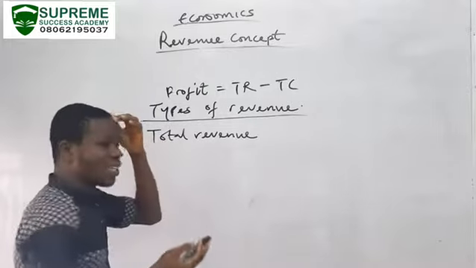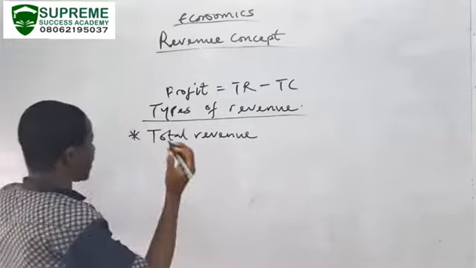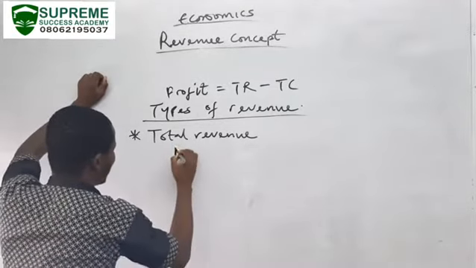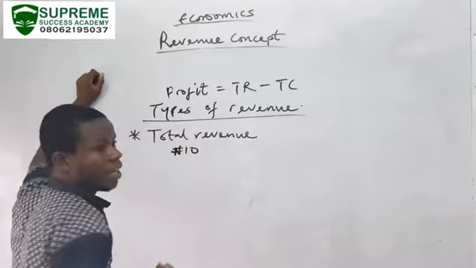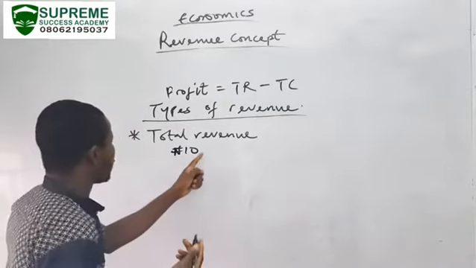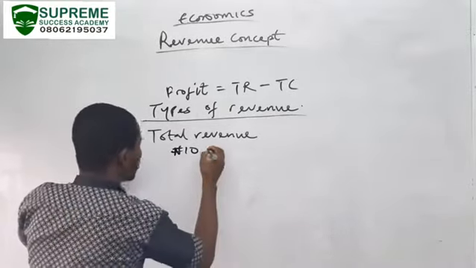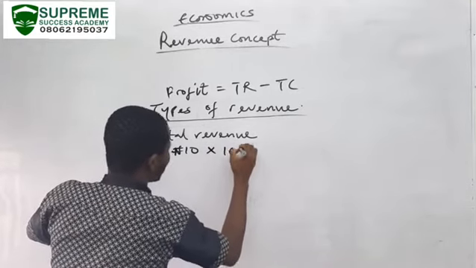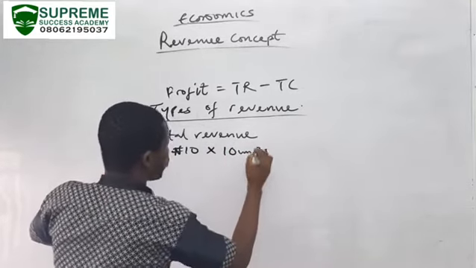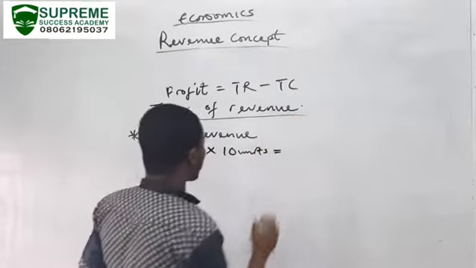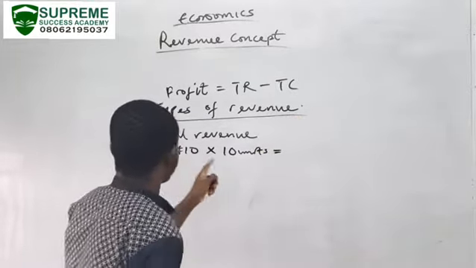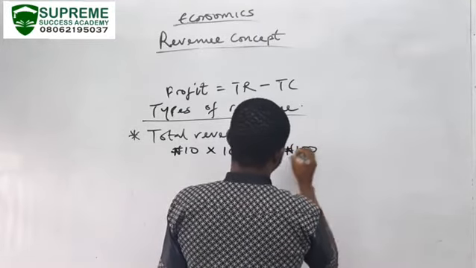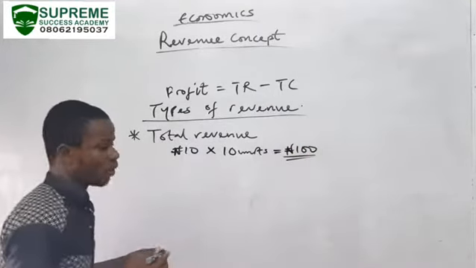For instance, let's assume the price of a firm's commodity is 10 naira, and the firm at the end of the day was able to sell just 10 units to the market. So the total revenue in this situation is 100 naira. Very simple and straightforward.